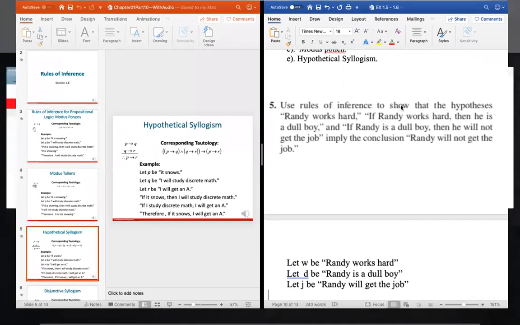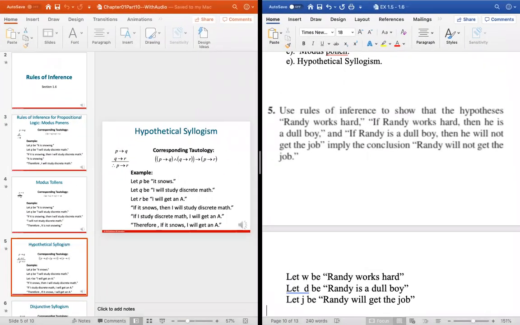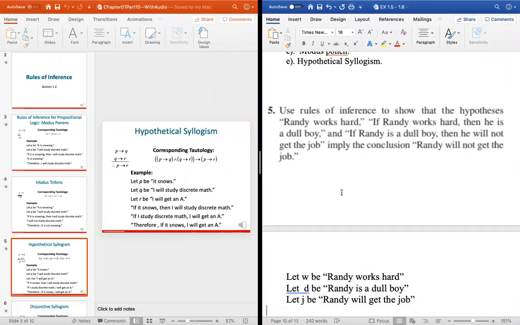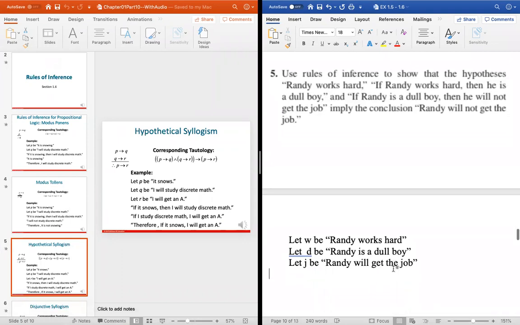The hypotheses are W, right? Because we have said Randy works hard, and then we have if Randy works hard, then he's a dull boy.